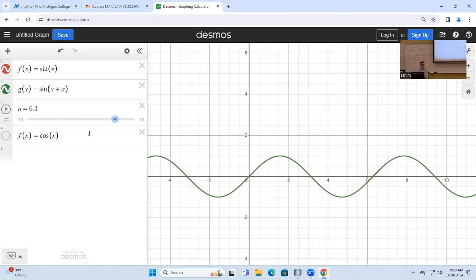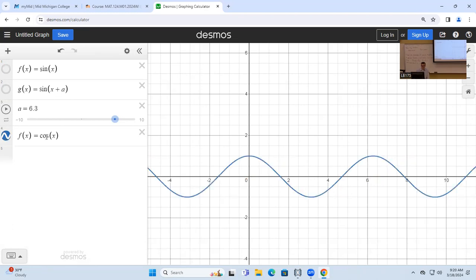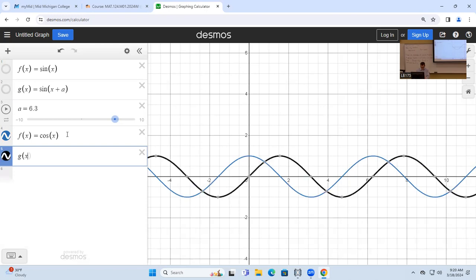The slider only goes over by tenths of units, but that should be 2 pi. When we shift by 2 pi, we get back the original curve, right? Now let's take out cosine. You can guess what's going to happen here.